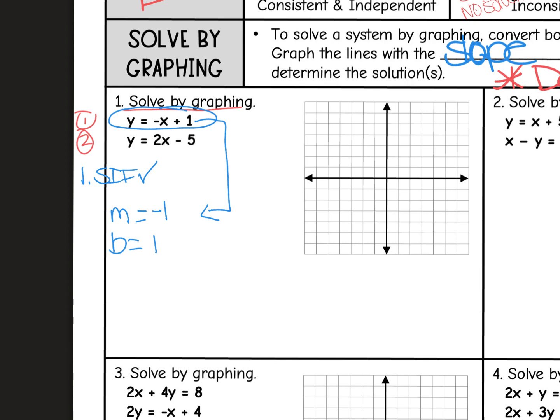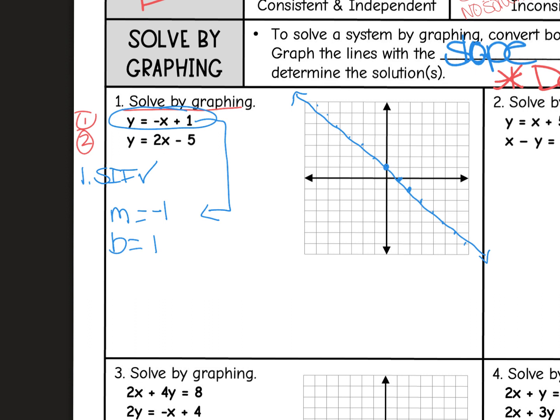So I'm going to start at my y-intercept, and my slope tells me it's down 1 over 1, and it's a negative slope, so I'm going to go all the way down. And as I've always told you, please make sure you are graphing until you run out of room. And then I'm going to connect these points, and put arrows on the end because we don't exactly know when this stops.